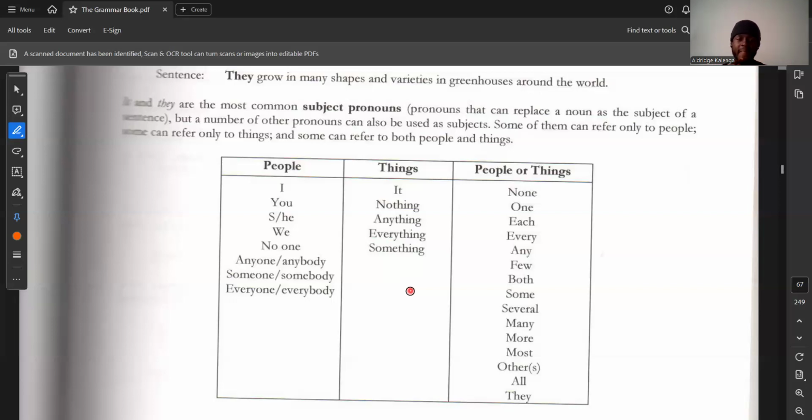So he said, if you look at this, you have it, nothing, everything, something. This just refers to things, right? You can't say everything deserves to be happy when you're referring to people. You can say everyone or everybody deserves to be happy. I remember he was giving an example, speaking to the girls.